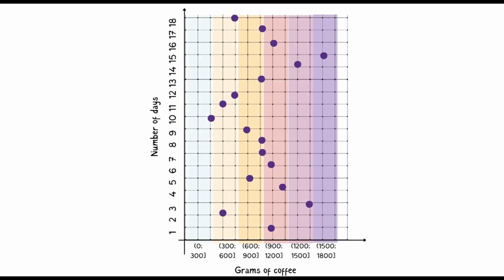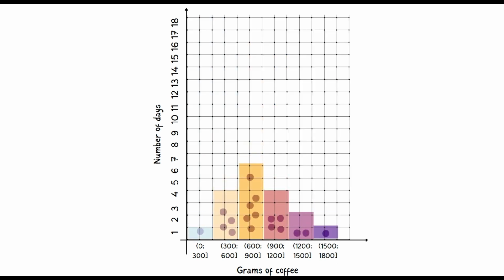So we build 6 intervals and count how many points, or days in our case, fall within each of these intervals. The height of each bar will represent the amount of points that belong to it. So there it is, the histogram that describes how employee coffee consumption is distributed.